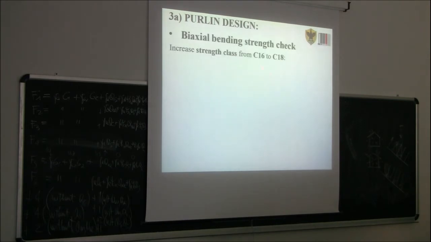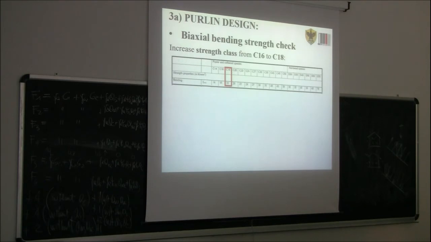So we can think, for example, about keeping the same cross section and increasing the strength, moving from strength class C16 to class C18. So instead of 16, we move to 18 in terms of bending strength. So we increase the design bending strength to 10.8.